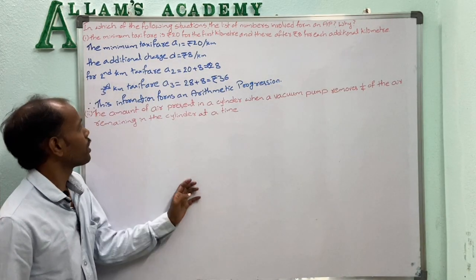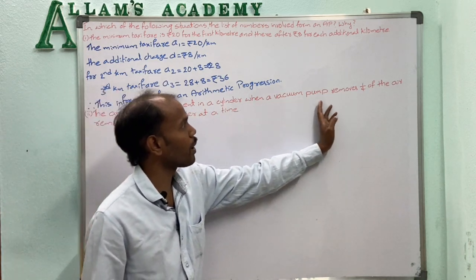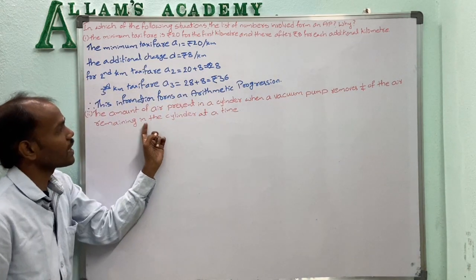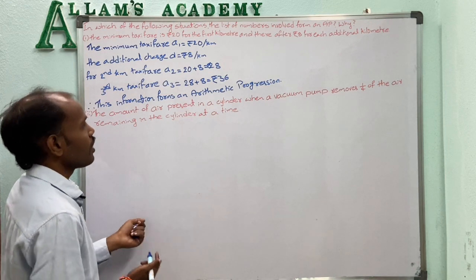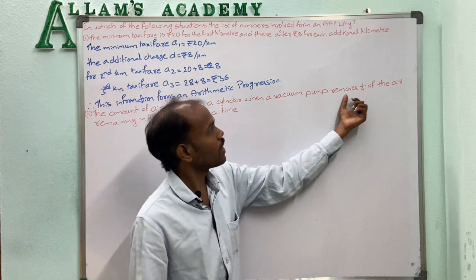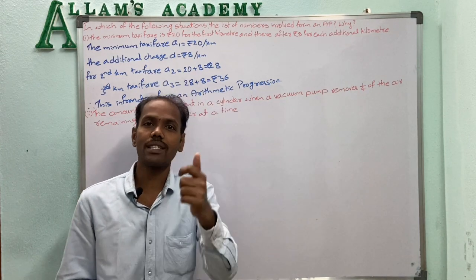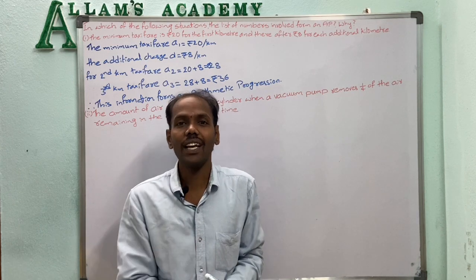The next given problem is the amount of air present in a cylinder when a vacuum pump removes 1/4 of the air remaining in the cylinder at a time. That is the information given. So here 1/4 of the air is removed. That means how much it was at first is not given. So we have to fill in a number.